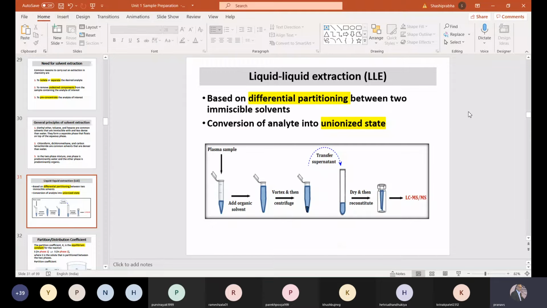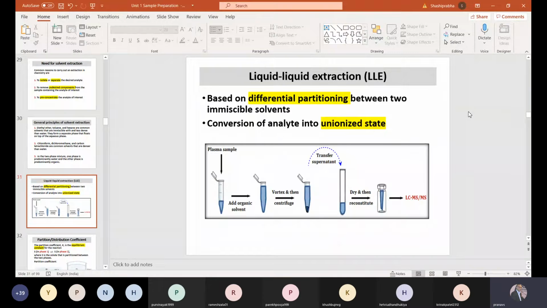For inorganic ions, you can very well argue that they are charged species. So how can they be extracted into organic phase? Of course, in those cases, we try to neutralize that charge. We convert it into an unionized state. Organic substances, inherently being covalent in nature, have this problem relatively less.